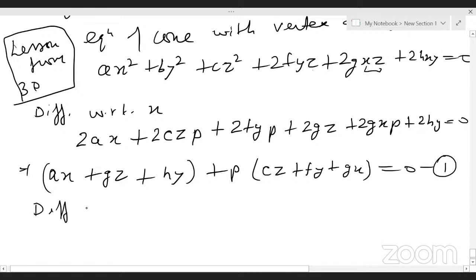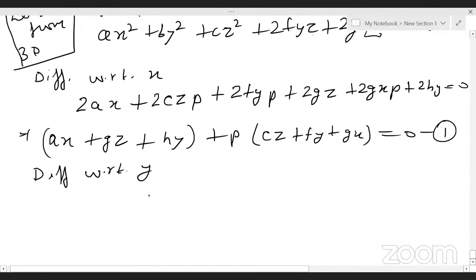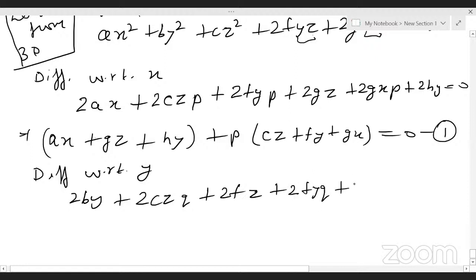Similarly, differentiate with respect to y. You will get 2by plus 2cz del z by del y, which is q, plus, here the product rule will apply, right? 2fz plus 2fy into q plus 2g xz, x is constant if you differentiate with respect to y, so x will be treated as constant, 2gx into q.